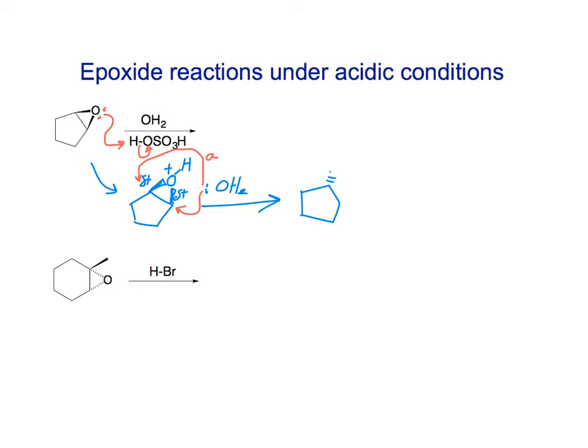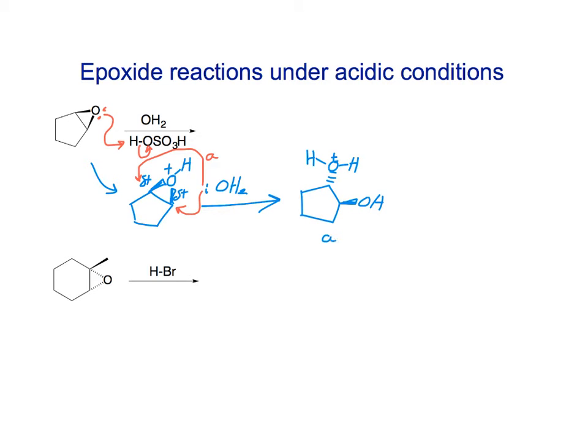This is an SN2 substitution, so the nucleophile comes in from the side opposite of the leaving group, and we get this intermediate.